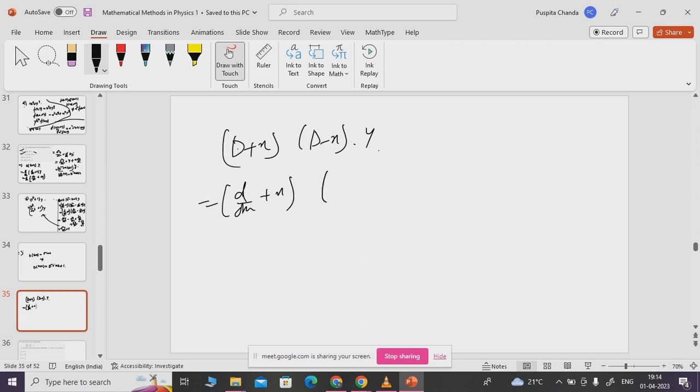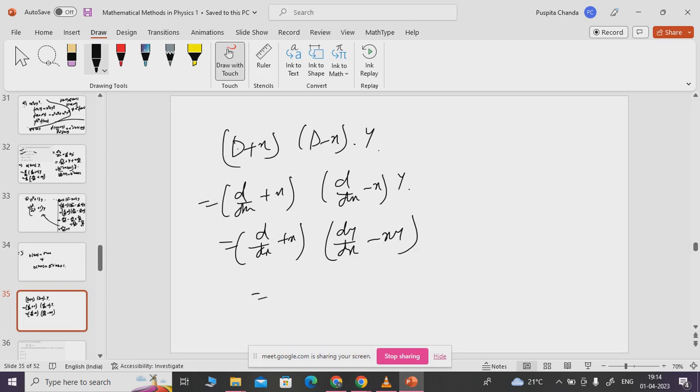And last, D plus x into D minus x, we need to operate it on y. d by dx of dy by dx minus xy, so it will be d2y by dx2 minus d by dx of xy plus x into dy by dx minus x square y.